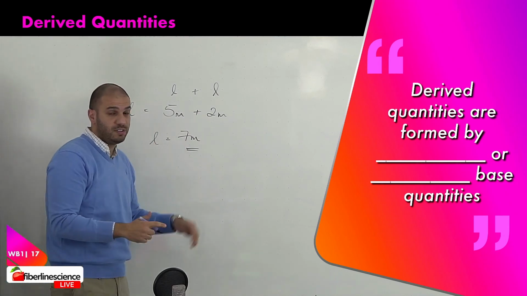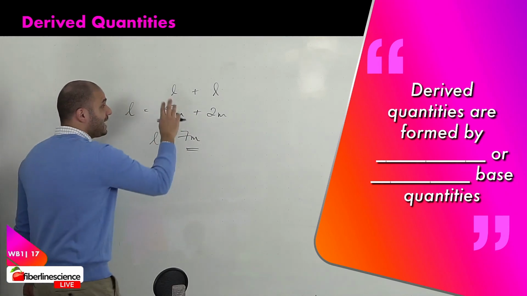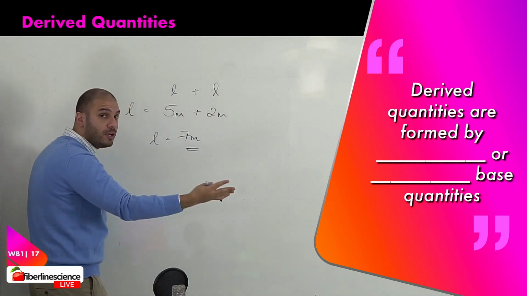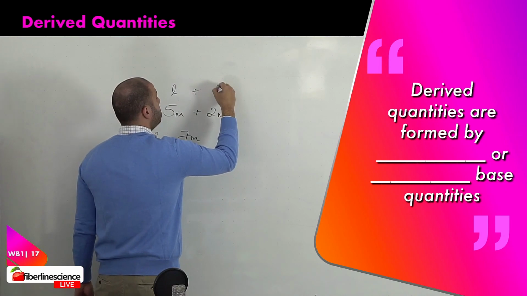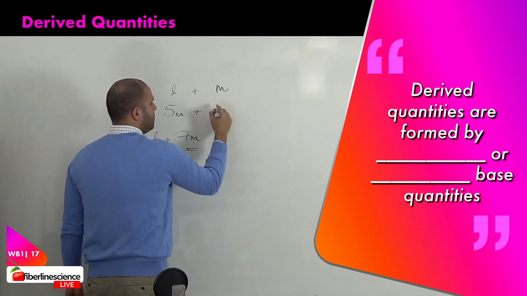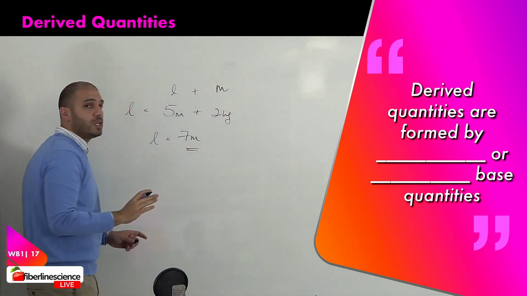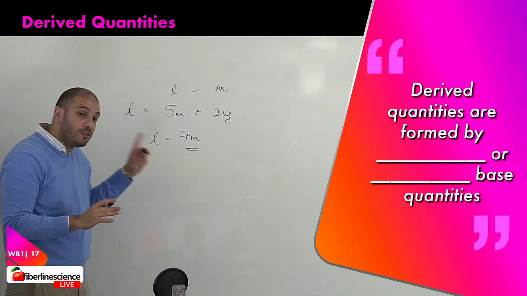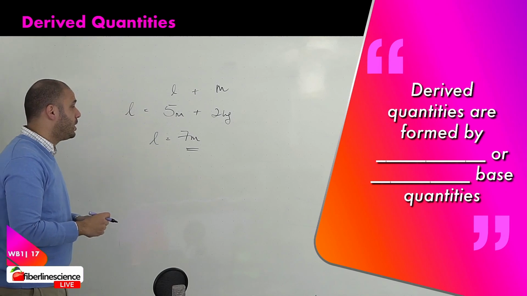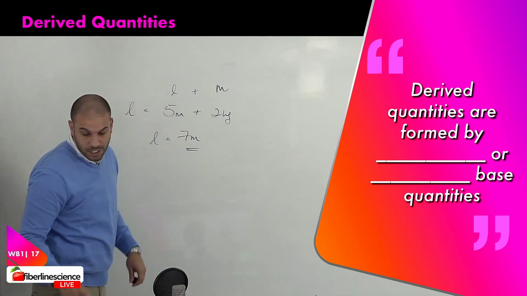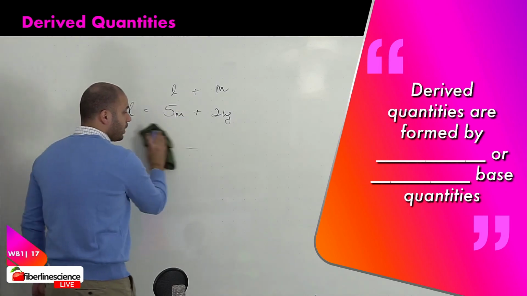One thing to note, can we add 2 different quantities, length, for example, and mass? Had this been 2 kilograms? No, we can't. We can multiply 2 different quantities, but we can't add 2 different quantities. So in that particular case, you will not be able to work that out.